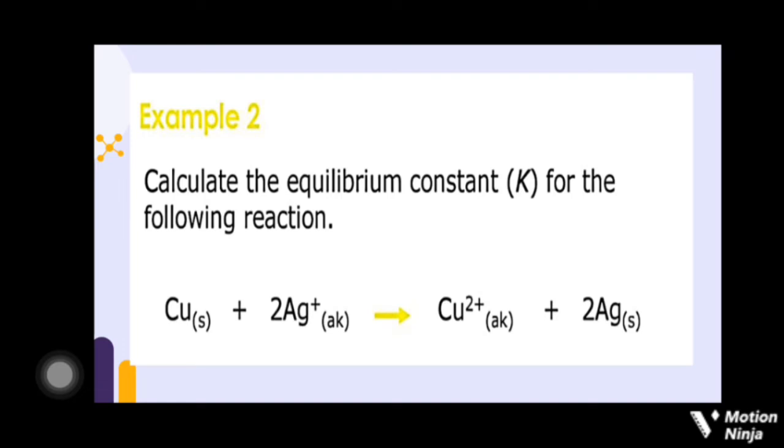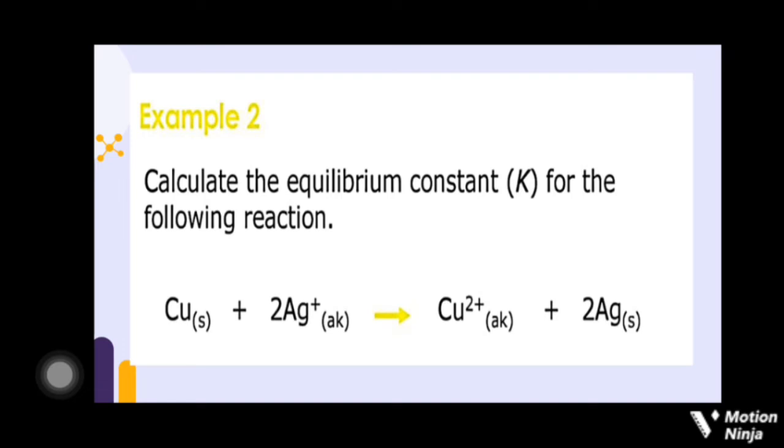So it will become 0.0592 divided by N multiplied by the log of K, equal to the E naught cell. After that, you will be calculating it already.